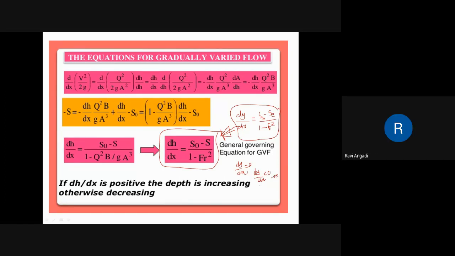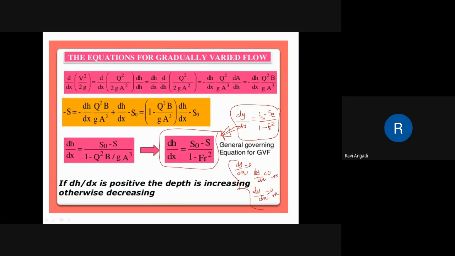Drop down. If dy by dx is greater than 0 or positive, backwater curve. If you know this much, then you can easily understand the water surface profile.